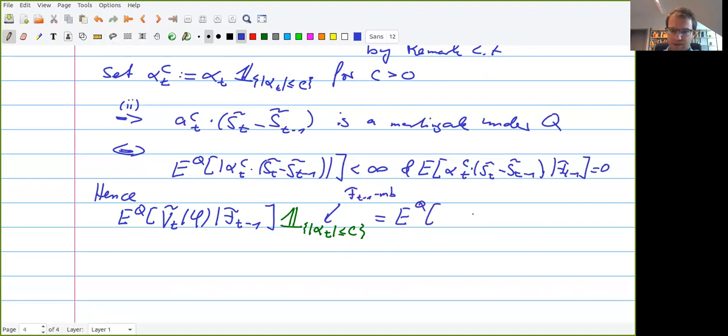So I can pull it in, then we have the equality I claimed, conditioned on F t minus 1. And now I can subtract or add the 0. So I subtract the 0 here. This is just 0 because this term is a martingale.